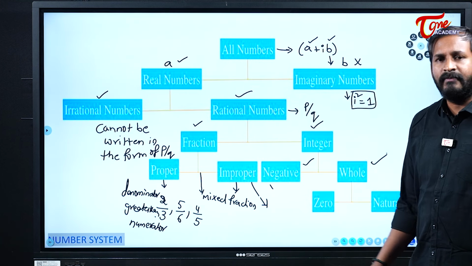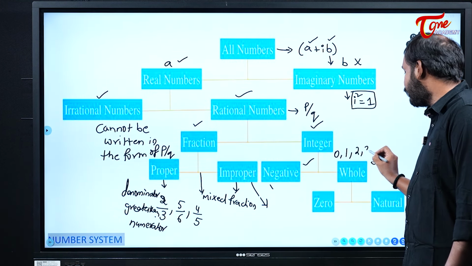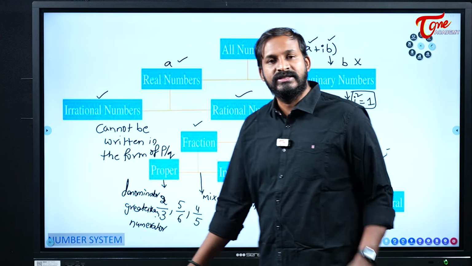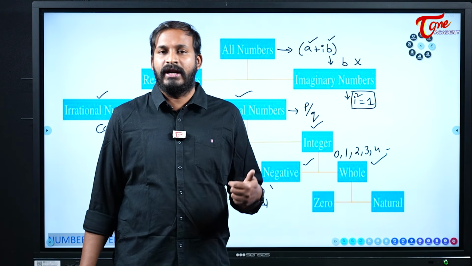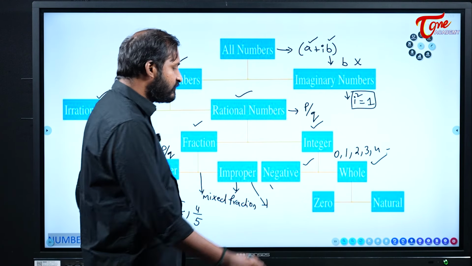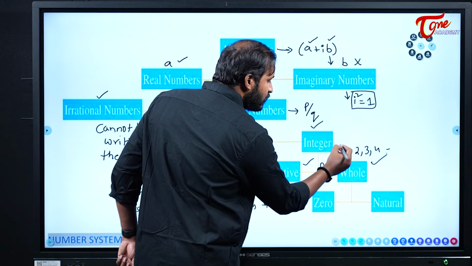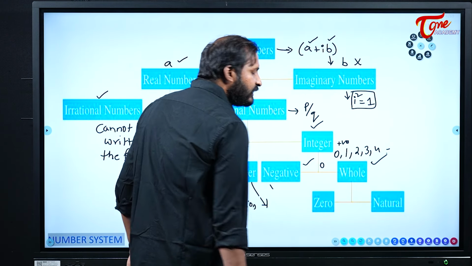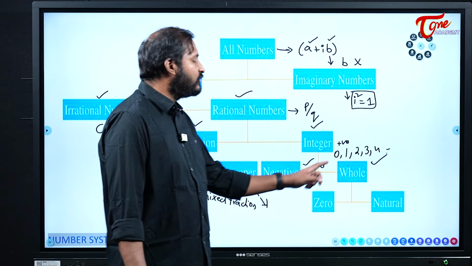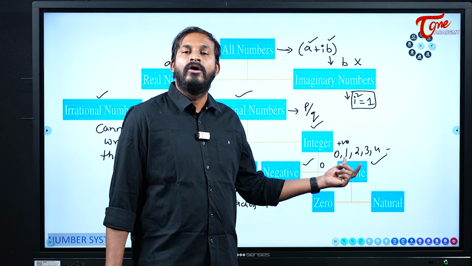The reason is that whole numbers include 0, 1, 2, 3, 4 and so on. Remember one thing, 0 is neither positive nor negative. So what we need to write here is negative integers, 0 and positive integers, but 0 and positive integers together we call whole numbers. So directly I have written here whole numbers.